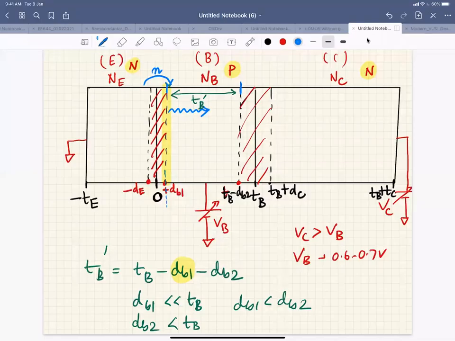If some holes are neutralized, the holes are supplied by this battery, right? So this is my electron, and similarly, since some electrons are recombined, some holes will go, right? So basically, I'll have some holes.